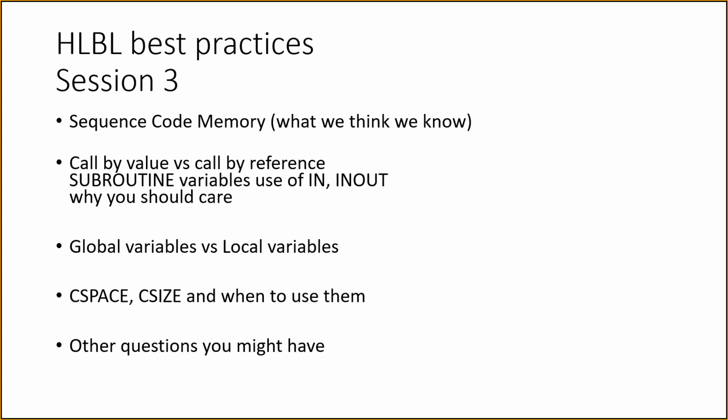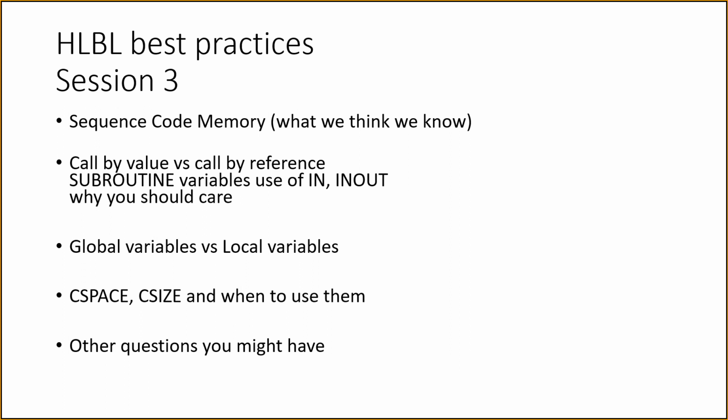Today we're going to talk a little bit about sequence code memory and what we think we know. Foxborough has a little bit written about it, but it's not very clear what's really going on, at least from the documentation. We're going to talk about call by value versus call by reference, what that means, and when subroutines' variables use in or in out, and why you should care which is being used.